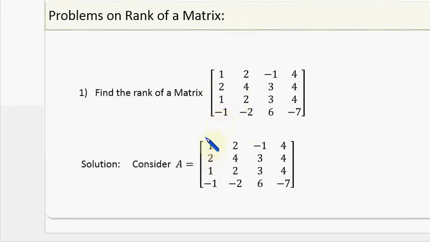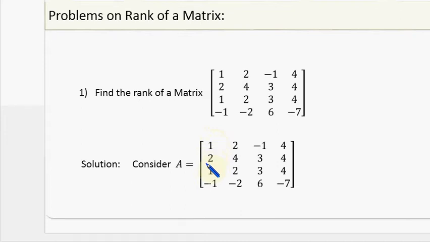Consider that matrix is A. Below the leading elements we make 0. Here R2's first element is 2, to make this 0, R2 can be written as R2 minus 2R1. Similarly, R3's first element is 1, so subtracting the leading element, 1 minus 1 becomes 0.